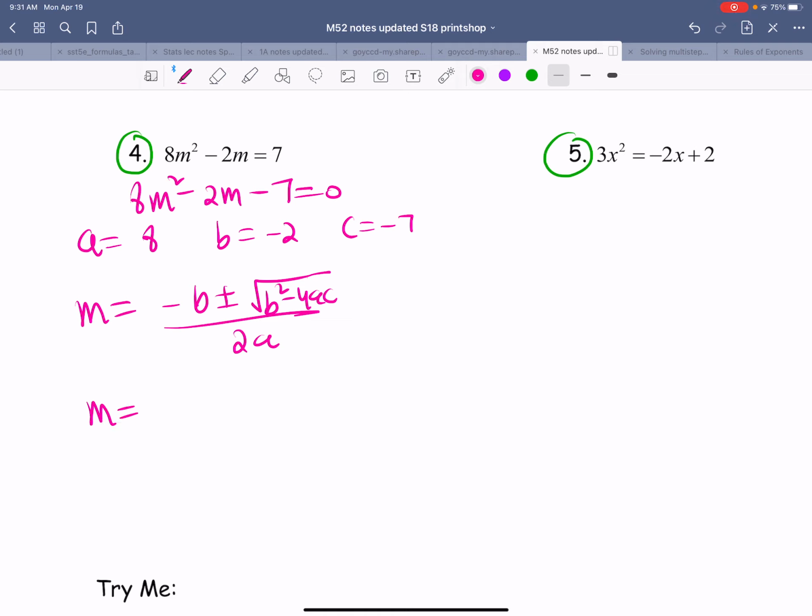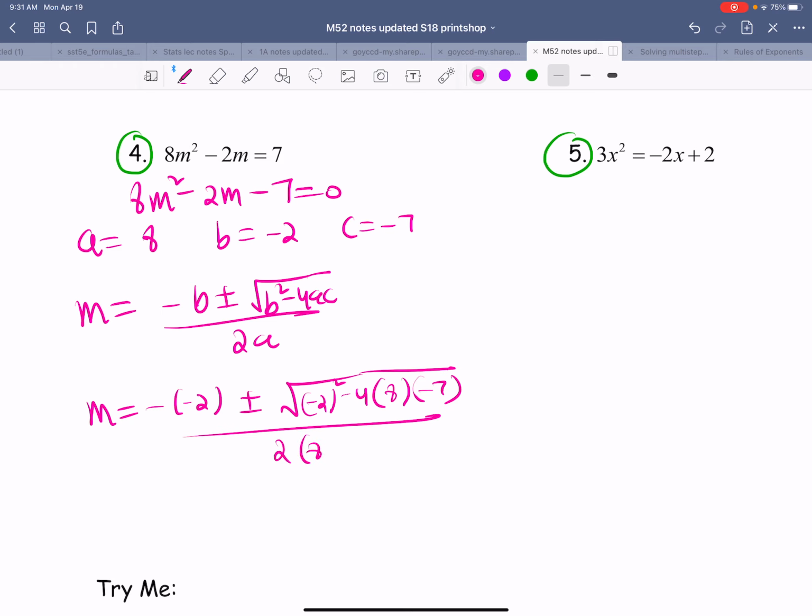So I get m equals -b plus minus square root of b squared minus 4 times 8 times -7 divided by 2 times 8. So it comes out to be 2 plus minus, -2 squared is 4.